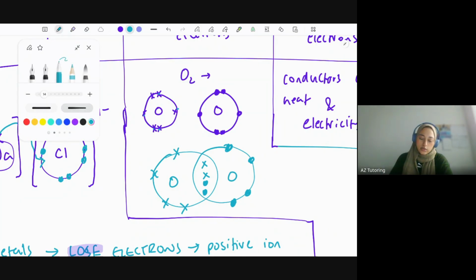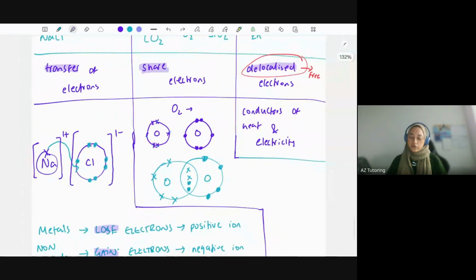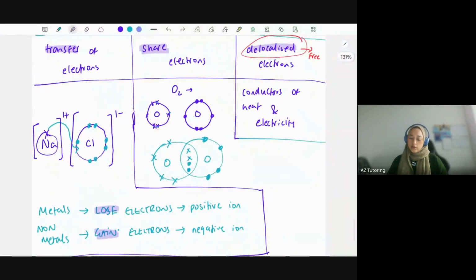The one on the left: 1, 2, 3, 4, 5, 6, 7, 8. So that one's happy. And the one on the right: 1, 2, 3, 4, 5, 6, 7, 8. So they're both happy. As you can see, you're just sharing electrons with each of them.